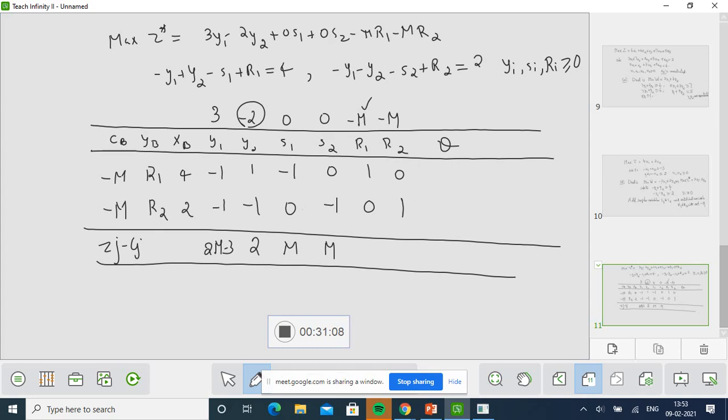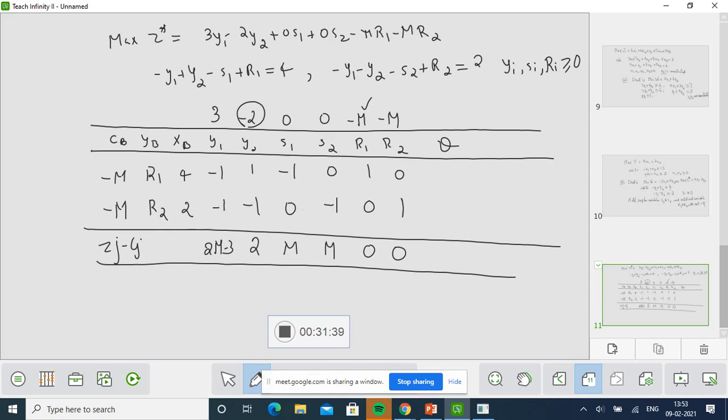So minus m minus of minus m, value becomes 0. Similarly for the last column, first entry is 0 into minus m, 0, plus 1 into minus m is minus m plus m, value becomes 0. Now look here. All our Zj minus Cj are greater than or equal to 0 because m is very large.